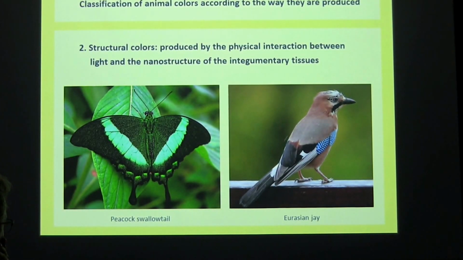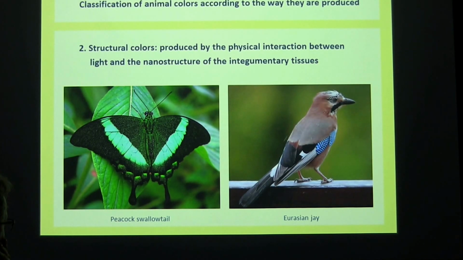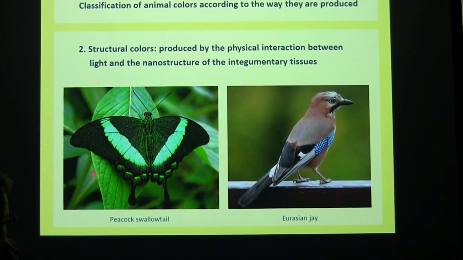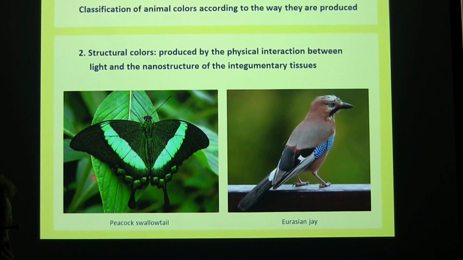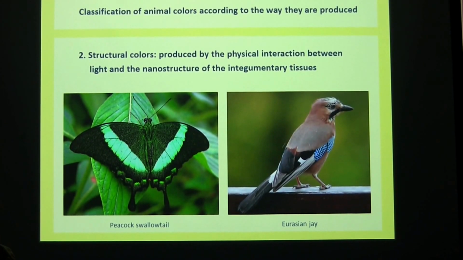Structural colors are those produced by the physical interaction between light and the nanostructure of the integumentary tissues. Most iridescent or blue colors in animals are produced by this mechanism. For example, the iridescent green of this butterfly, or the blue wing patch of the Eurasian jay.